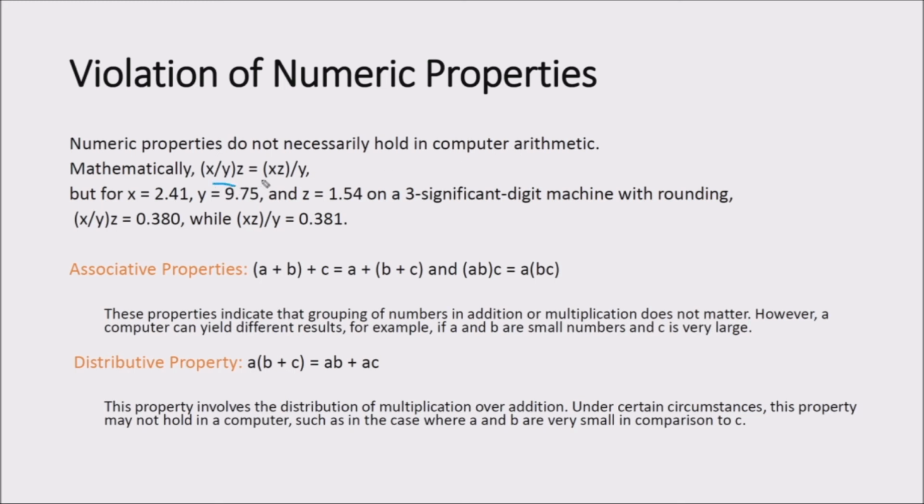What I'm doing here is first dividing and then multiplying by one value; this time I'm multiplying and then dividing by one value. It's the same value I'm dividing by, but the order of calculation is different. If you do this on a three significant digit machine, you're obviously going to get two different values. So this is an error, a violation of numeric properties.